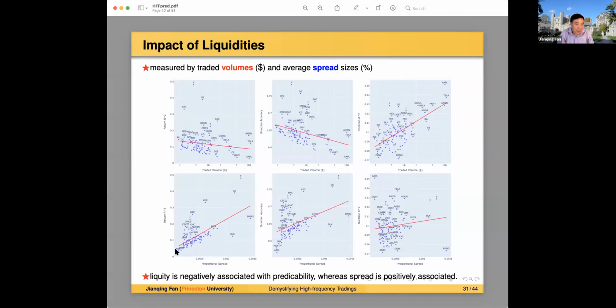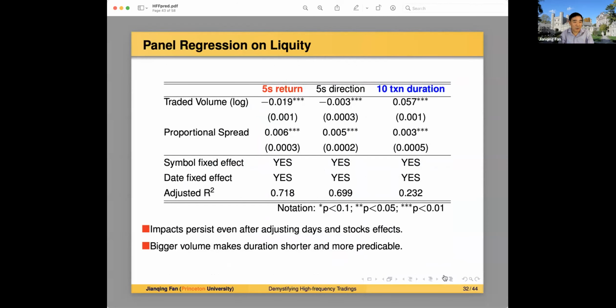And this is the spread, the average spread. The bigger the spread size, I mean the percentage of spread size, the stronger the predictability you can see here. Again, this is for directions, and this is in terms of volume. So in other words, liquidity is negatively associated with predictability, and the spread is positively associated with it. Again, this measures the efficiency of market trading.